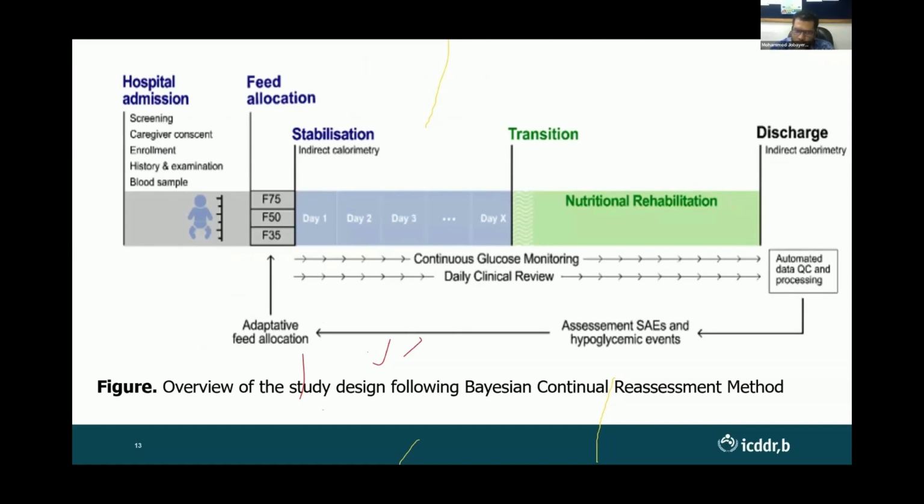We have continuous glucose monitoring during the initial clinical stabilization phase, which usually takes two to three days. Then we have a transition phase using both F75 and ready-to-use therapeutic food, and when patients improve to catch-up growth, we discharge them from our rehabilitation unit. This is what we are still doing.